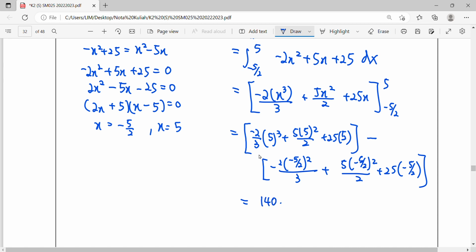Evaluate using your calculator, then we put the unit square.